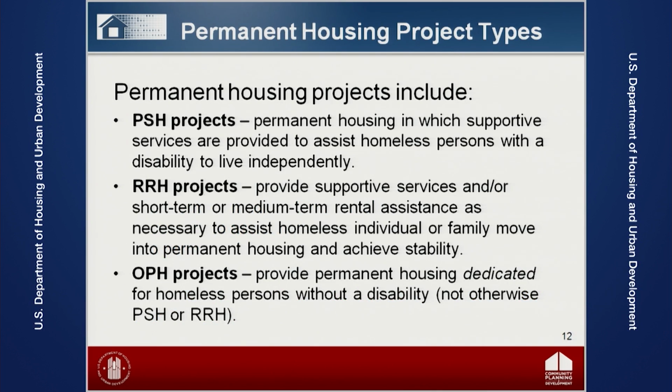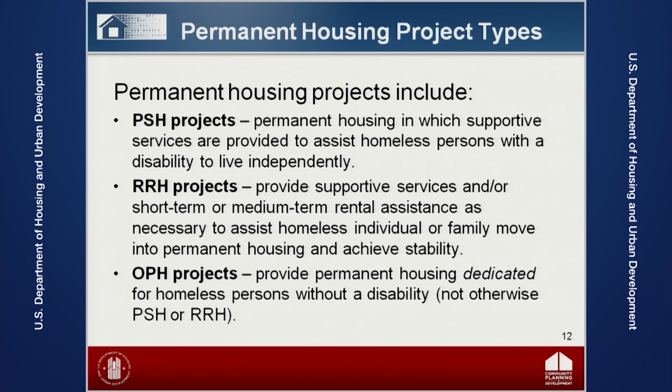I'd like to share a little bit more detail about each of the permanent housing types, subcategories, which are explained in detail as well in the notice. Permanent supportive housing, or PSH projects, include permanent housing in which supportive services are provided to assist homeless persons with a disability to live independently. PSH can only provide assistance to individuals with disabilities and families in which one adult or child has a disability. In addition, supportive services designed to meet the needs of the project participants must be made available to project participants.